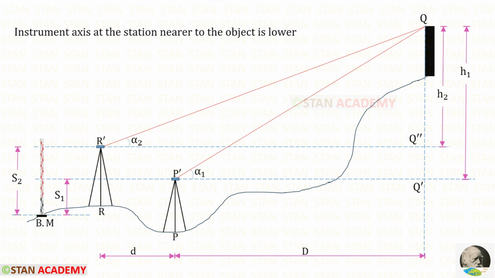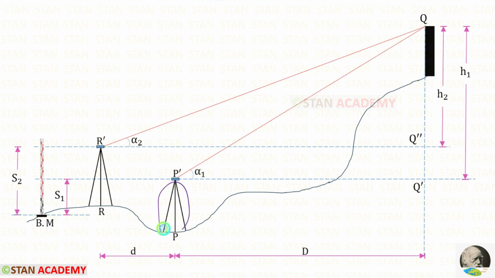We can see that the station P is nearer to the object. The instrument axis at P is lower than the instrument axis at R. That is why it is known as instrument axis at the station nearer to the object is lower. All the readings related with the station P should have the suffix 1.